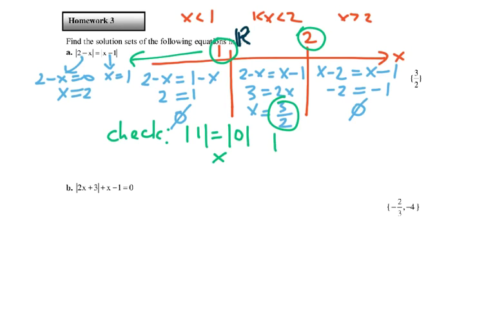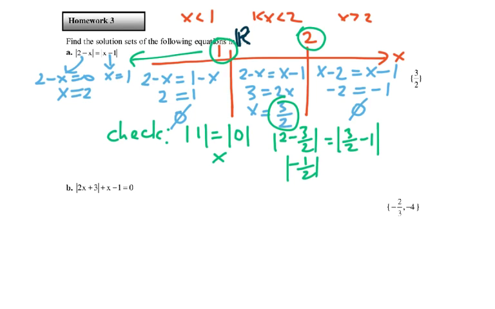Okay, so now let's try 3 over 2. If we have 2 minus 3 over 2, is that equal to the absolute value of 3 over 2 minus 1? Well, this would be minus a half, because it's 4 over 2 minus 3 over 2.